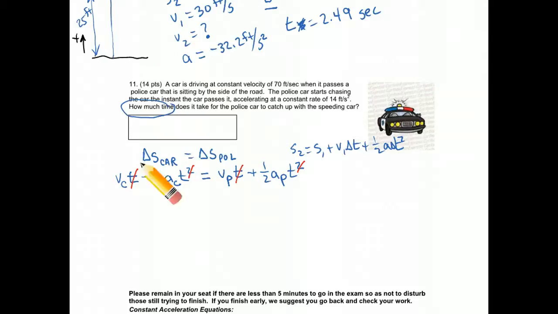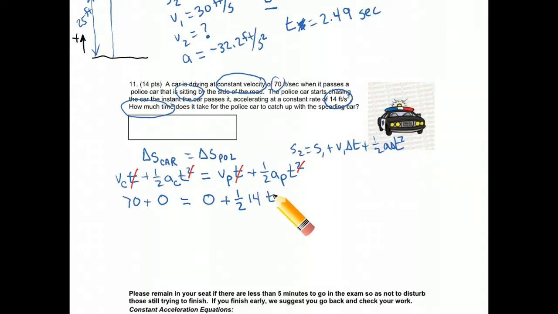We'll go ahead and plug some numbers in. The velocity of the car, 70 feet per second. The acceleration of the car, constant velocity, so 0. The velocity of the police car when the problem starts, sitting, is 0. Acceleration of the police car, 14.